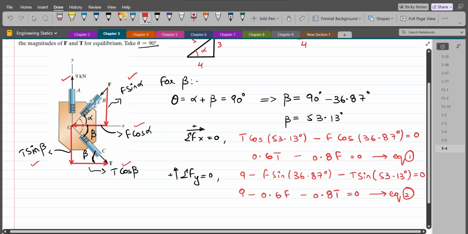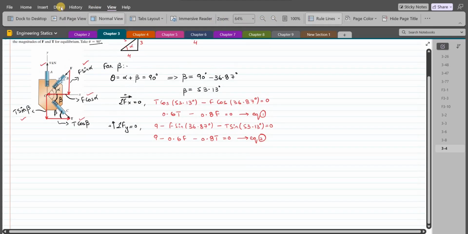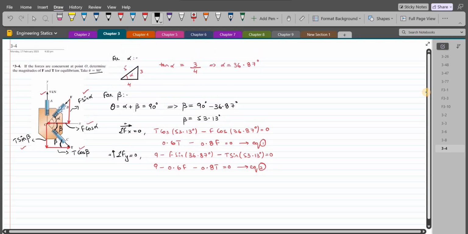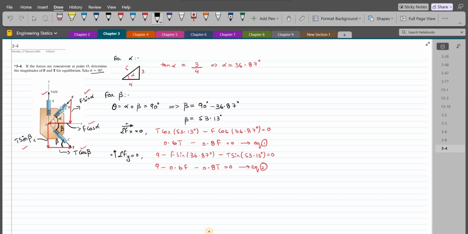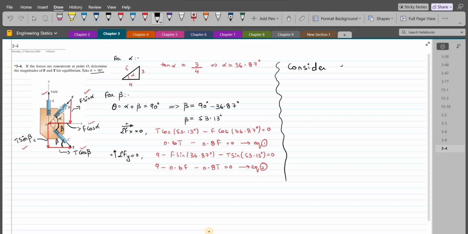So now we have two equations and two unknowns, so we can simultaneously solve them. You can use any of the methods to solve the simultaneous equations. I'm going to use the method of substitution. So I'm going to consider equation 1, and I am going to make F the subject of my equation.